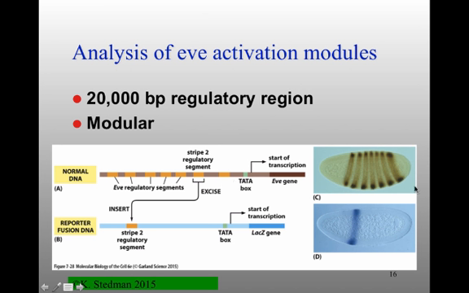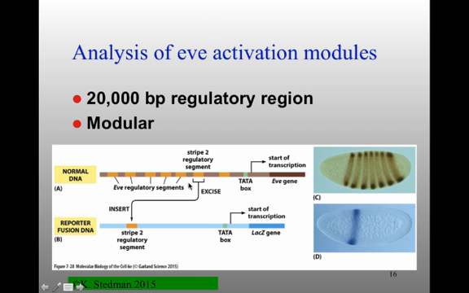And it turns out that of these 7 stripes that you have here, 1, 2, 3, 4, 5, 6, 7, each, with a slight exception, but basically each of these individual segments turns out to be important for regulation of even-skipped in one of these individual segments.